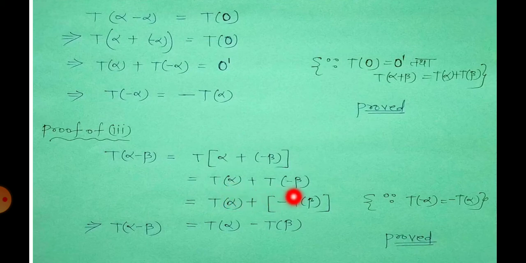T of minus beta: recently we have proved in the second that T of minus alpha is equal to minus T of alpha. So T of minus beta, what will it be? Minus T of beta. From this property we put beta as alpha. So T of minus beta is equal to minus T of beta. Plus minus is minus, and we finally get T of alpha minus beta is equal to T alpha minus T of beta. This is proved.